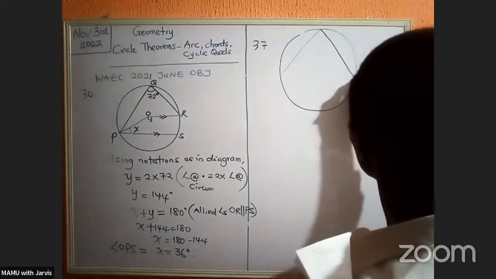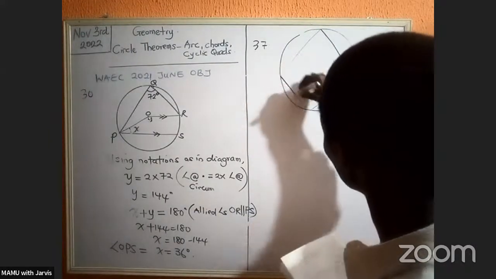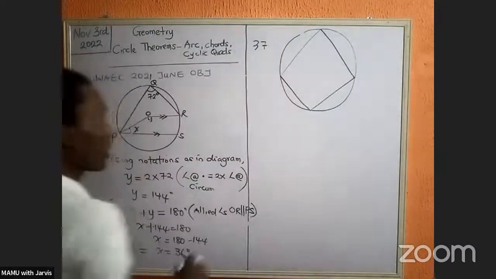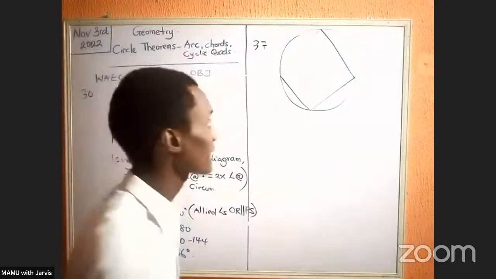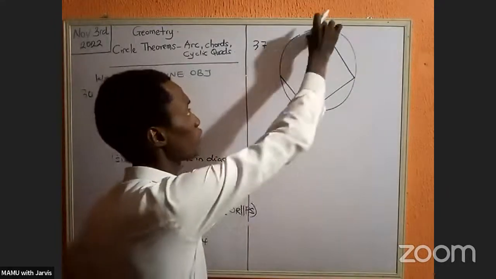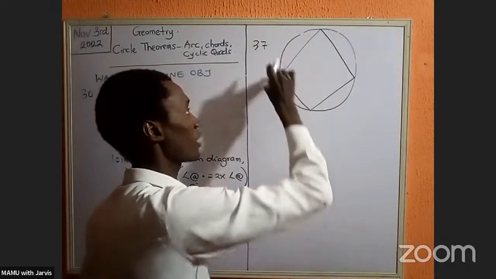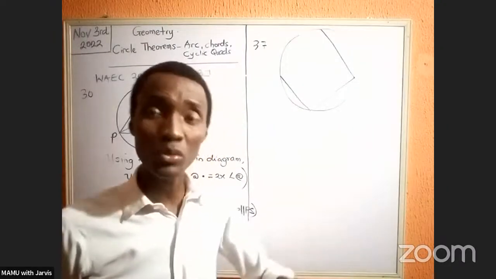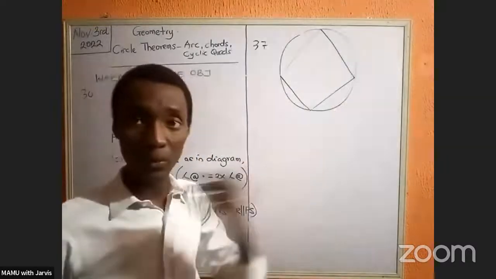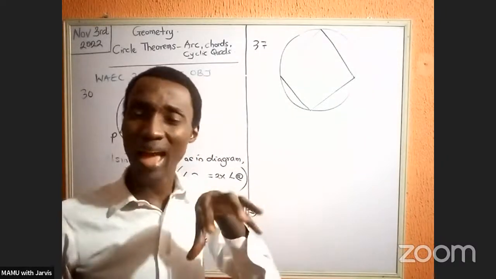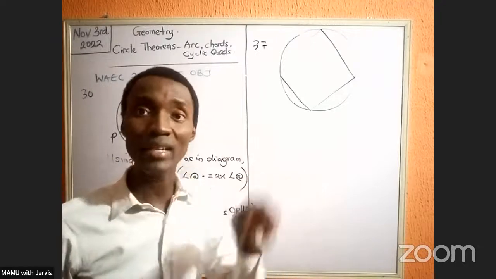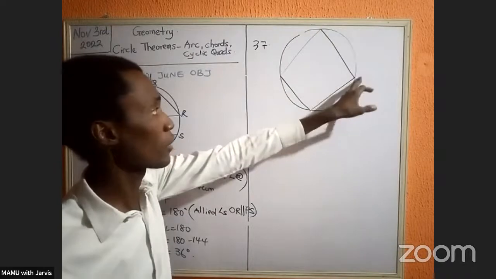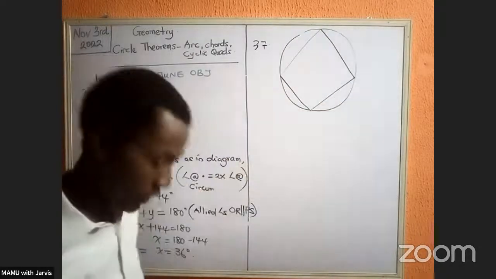A cyclic quad is a quadrilateral drawn inside the circle, such that the points of the quadrilateral touch the circumference of the circle. Some people use the word inscribed.